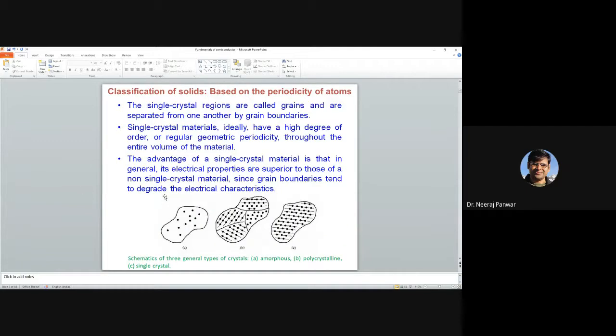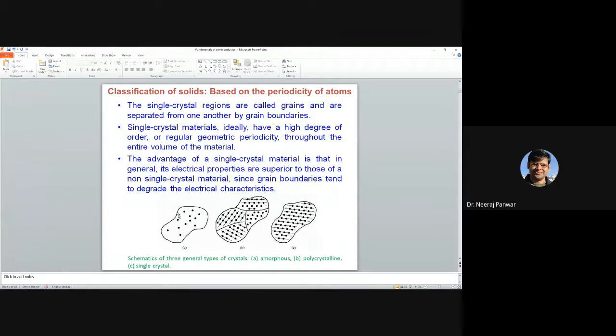So here we see the three diagrams. In the first diagram, there are atoms denoted by black circles, and you don't see any regular arrangement between the atoms. For example, we consider this atom. If we move in this direction, we find another atom, and another atom, but we don't find any other atom to its left.